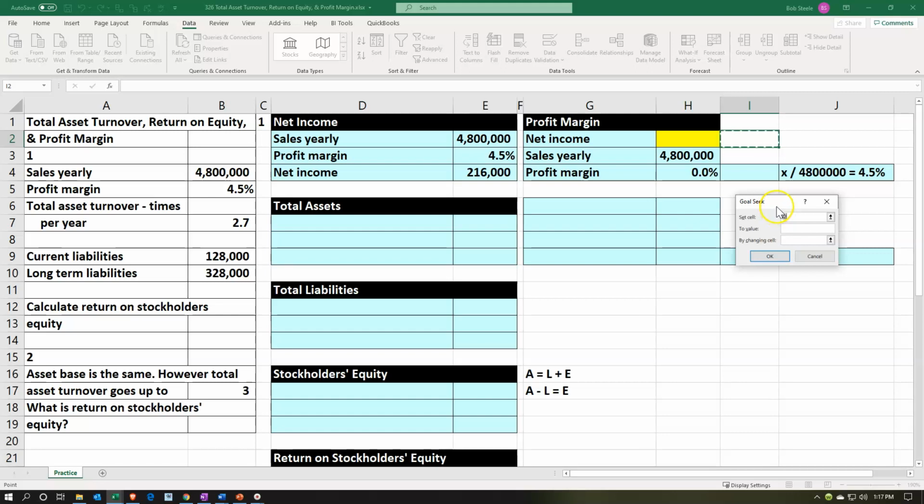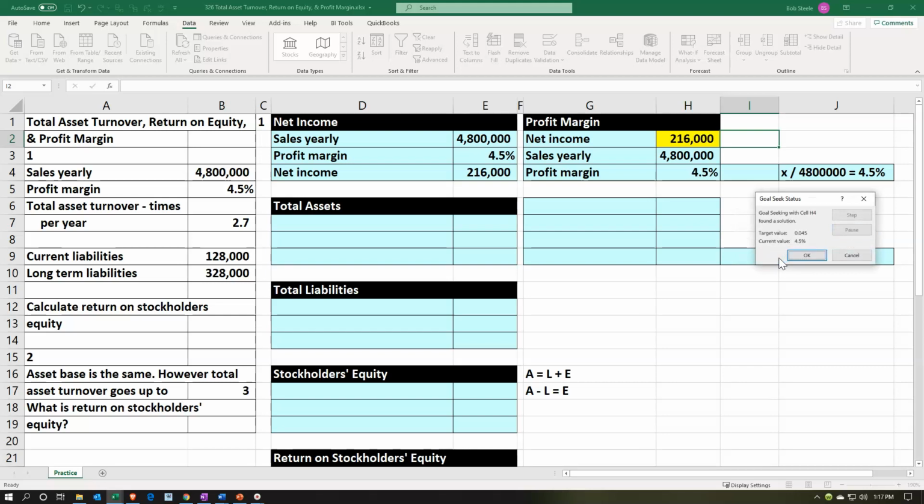I'd like you to set this cell to what we know it should be, which is 4.5%. Now I'm going to move the decimal to the right to represent this as 0.045. Then we say by changing this cell, and OK.